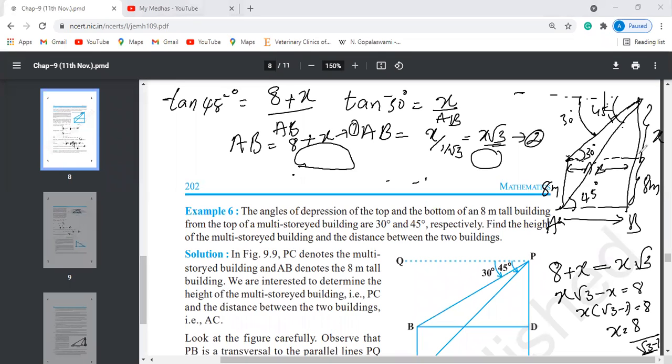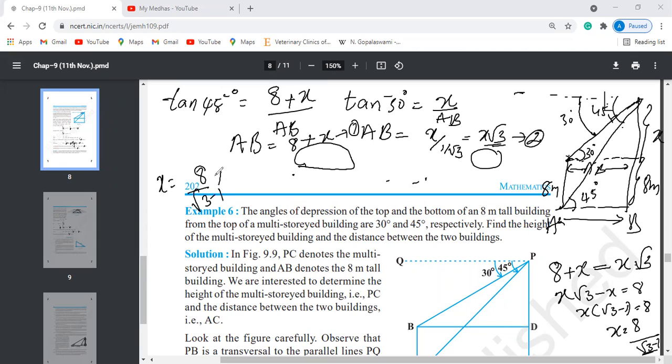So this you have understood, right? Now how to solve this X? Because we need to find AB, you have to find this.